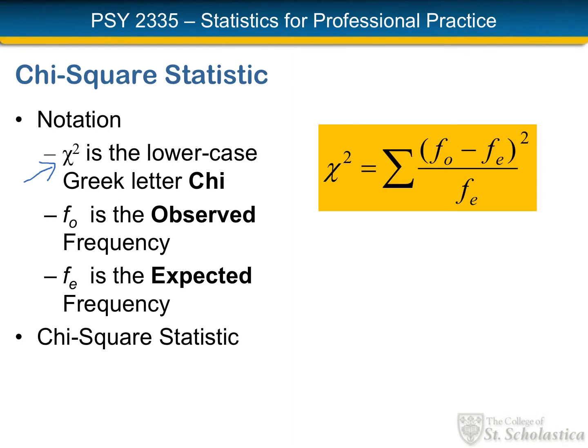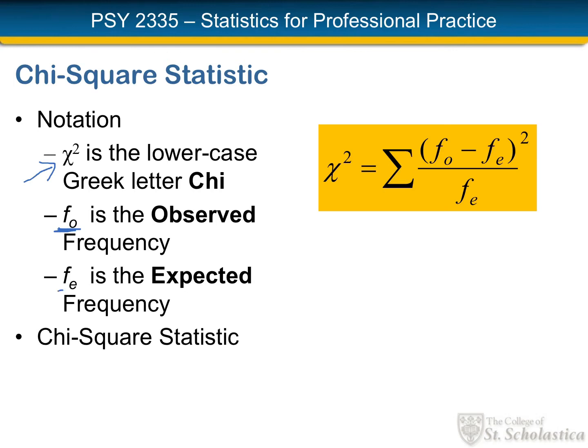And the first thing that we'll have is the observed frequency. In other words, in my sample, how many people do I actually count that liked cola, or that liked lemon lime, or that liked some other kind of beverage. So my observed frequency is the count in my actual sample.